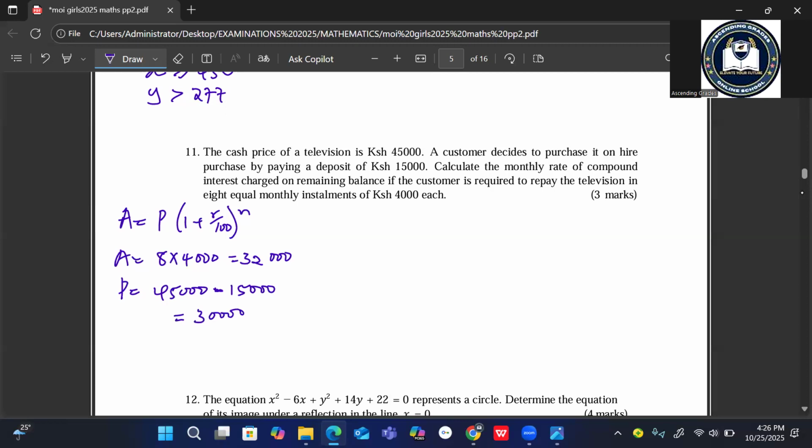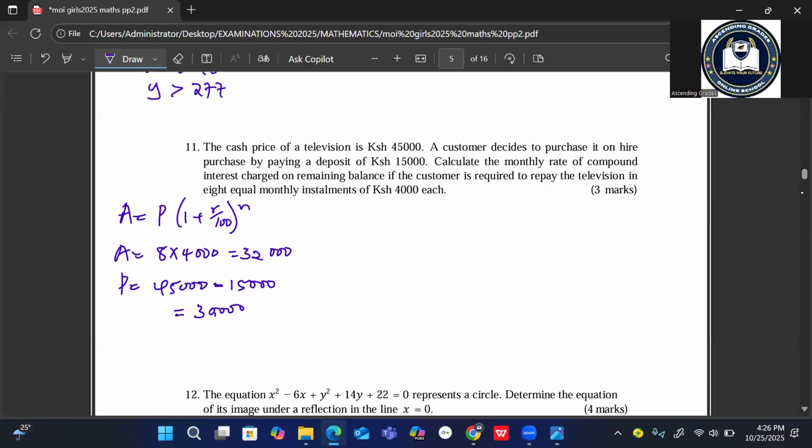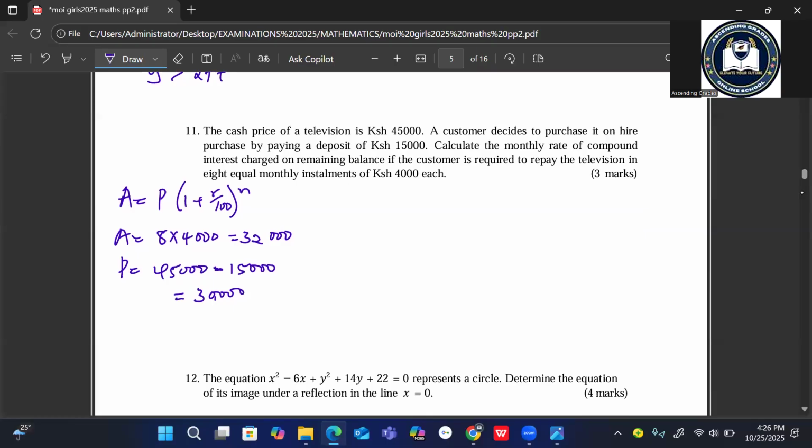That is the amount remaining. So we are going to take the amount to be 32,000. He's going to pay 32,000, but the principal is 30,000. Now we have to look for the rate.